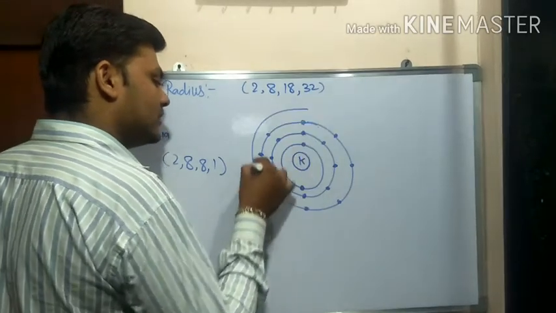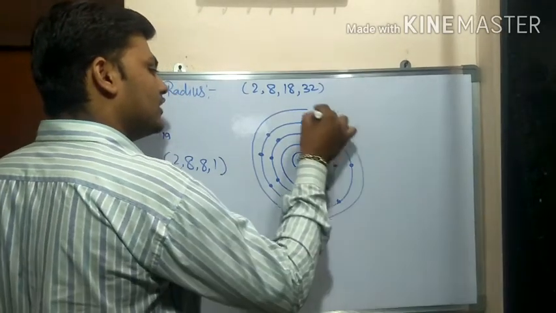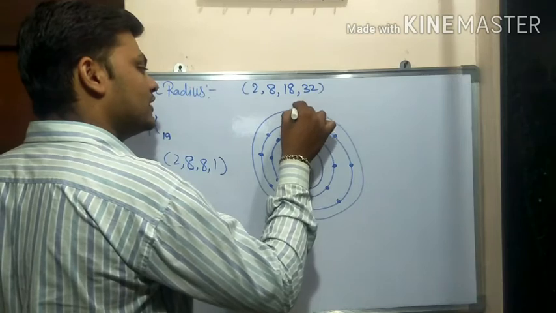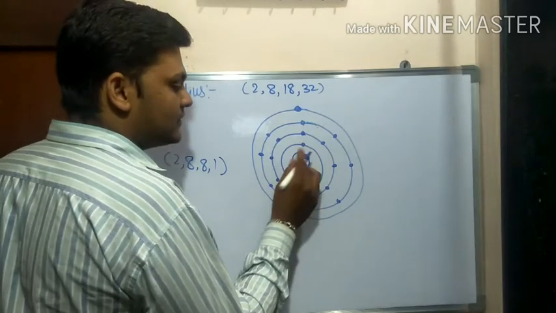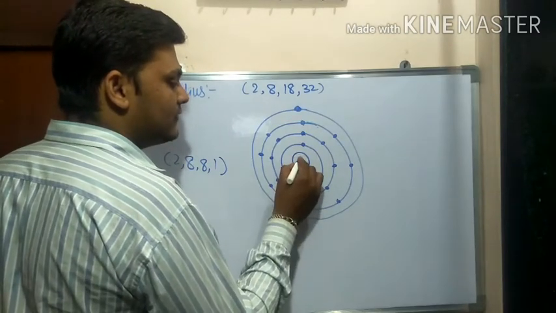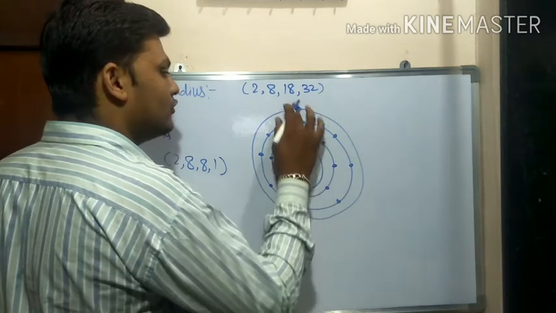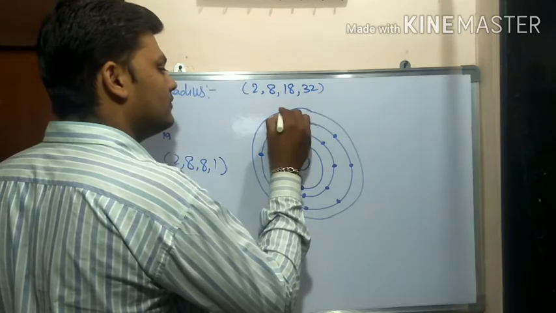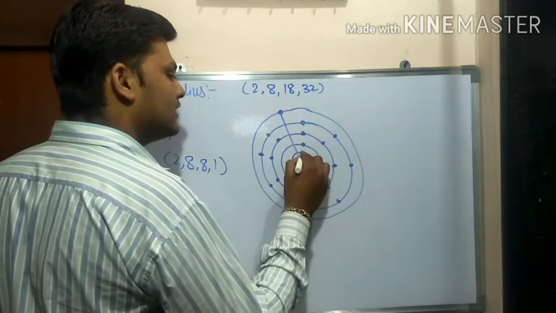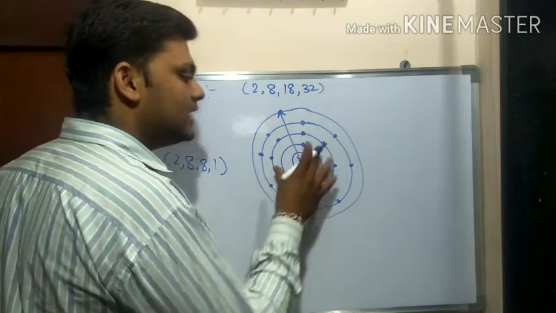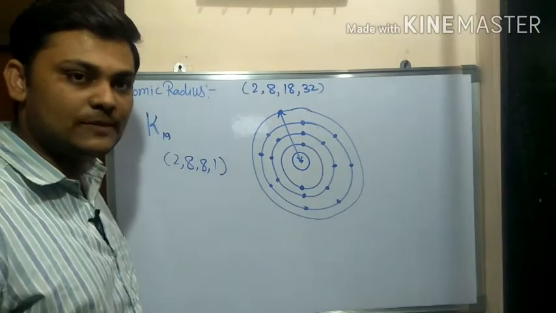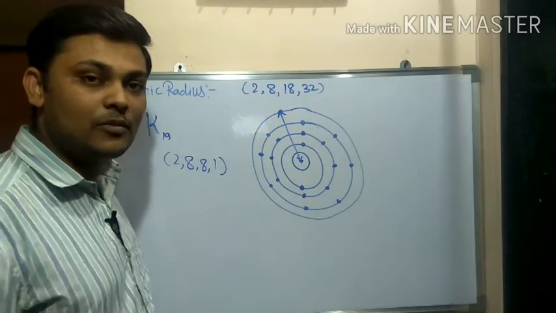And in the last orbit potassium has 1 electron, which is situated over here. So the distance between the center, if you take the center at this portion, and the outermost electron is nothing but the atomic radius, because this is an atom made by potassium. I have taken one example in the form of an atom.